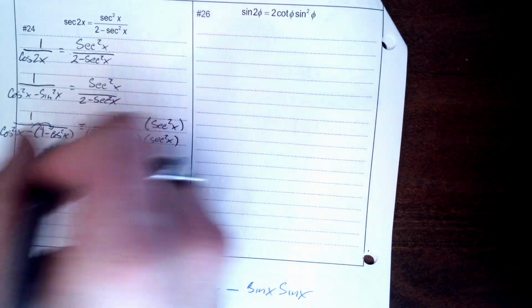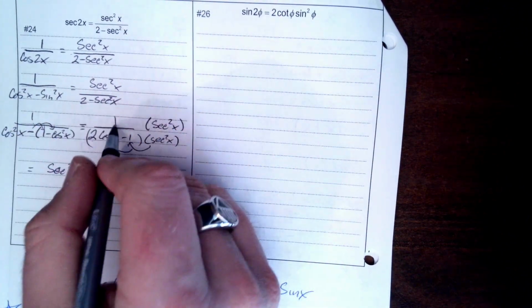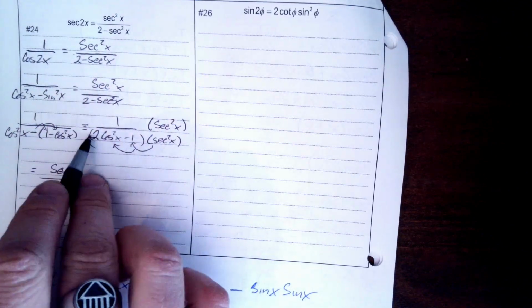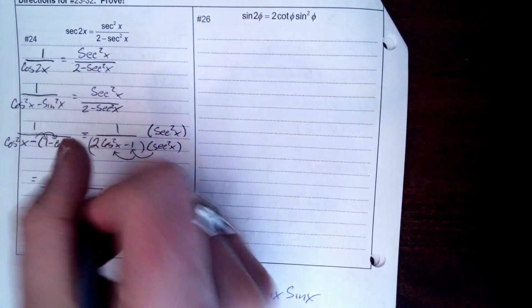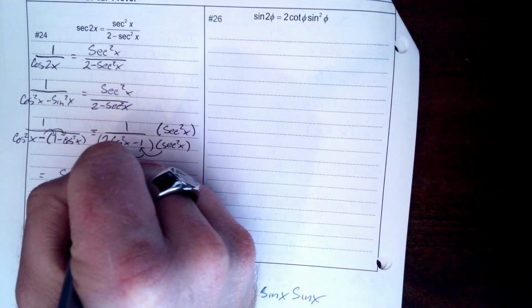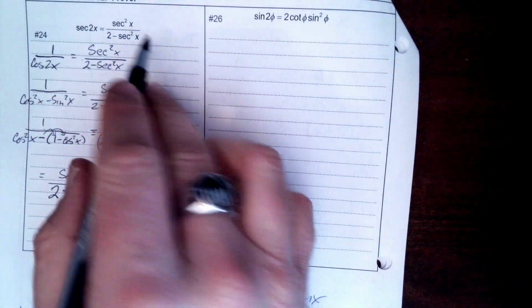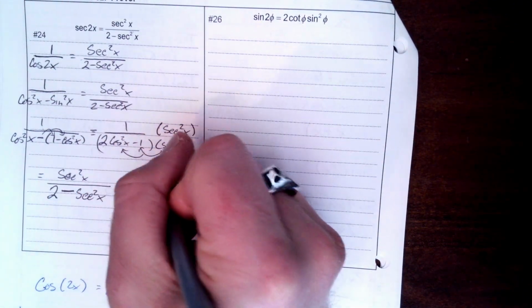So secant squared of x times 1 is just the secant squared of x over 2 times the cosine squared times the secant squared, which is just 2, minus, and then the secant squared times 1 is secant squared, and it still equals that same thing it was always supposed to equal.